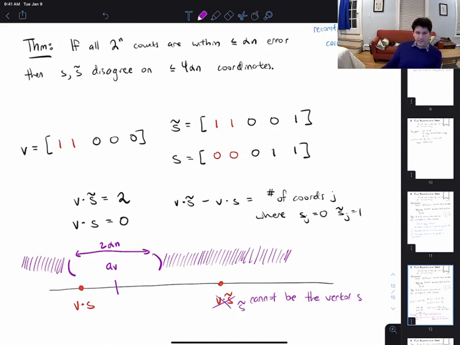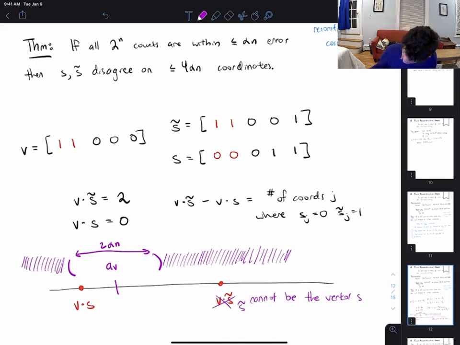And that's going to be true whenever the number of coordinates on which S is 0 and S tilde is 1 is really big, because the bigger that is, the further apart the two red dots are, and that's what's going to push one of the red dots outside of the purple range.